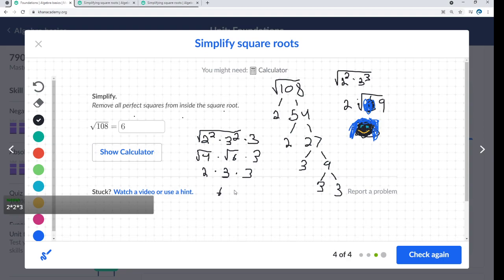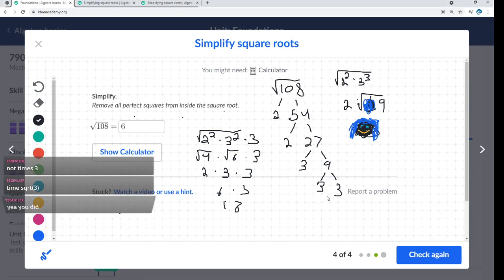So it's 6 times 3. Is that... uh-oh. Did I screw this up again? Gotta go to the chat. Not times 3. Square root. Oh, I have to square this as well.